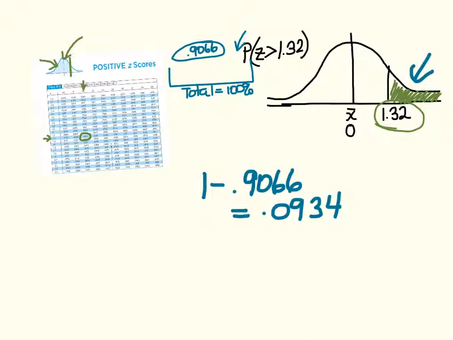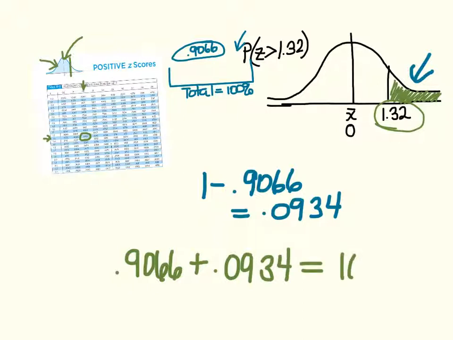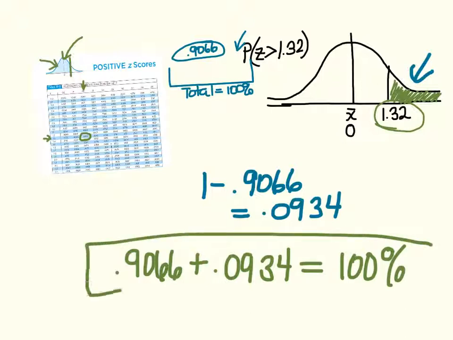Notice, if I say 0.9066 plus 0.0934, I equal 100%, which is the entire bell curve.